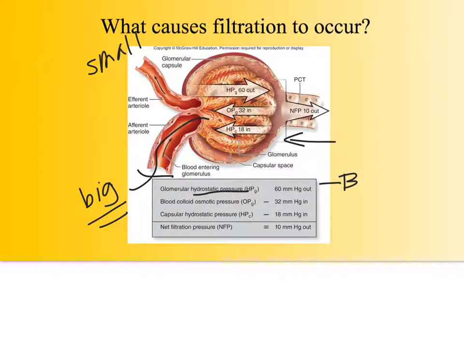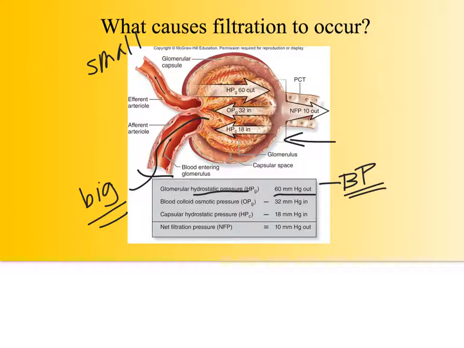I'm just going to put BP so you can see what it's trying to say. So glomerular hydrostatic pressure is the blood pressure in the glomerulus. It's usually about 60; we try to maintain it around 60 millimeters of mercury.